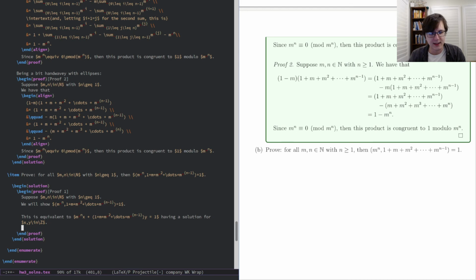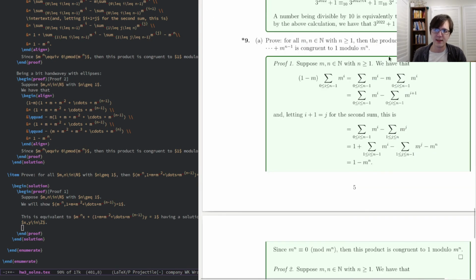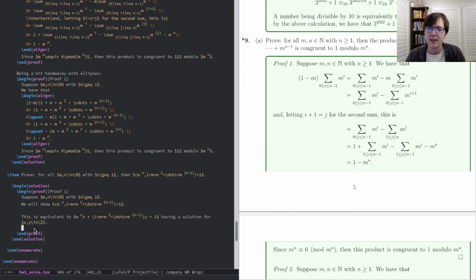So what? Well, we saw in A that, okay, this is equivalent to this having a solution as a congruence.